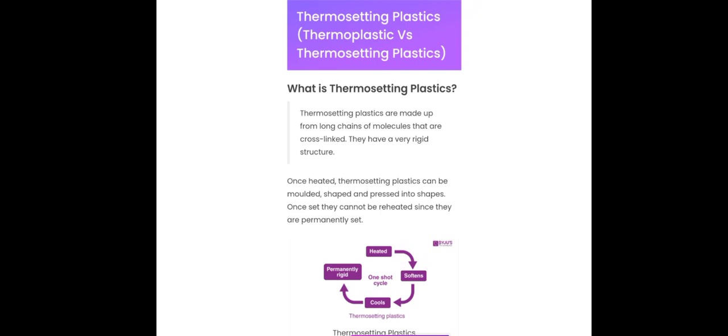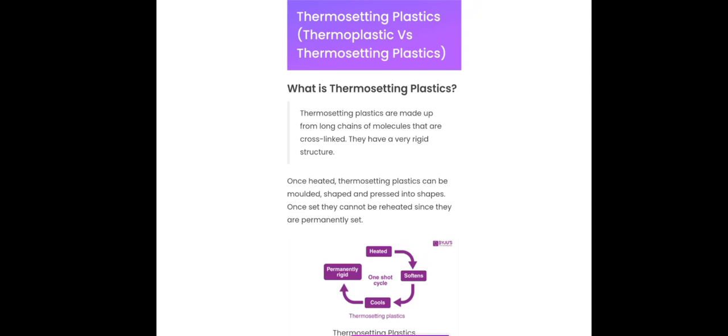They have good abrasion resistance, and very good electrical insulating and thermal insulating properties. Some of the plastics also have good mechanical properties, and these plastics show resistance to almost all types of chemicals.